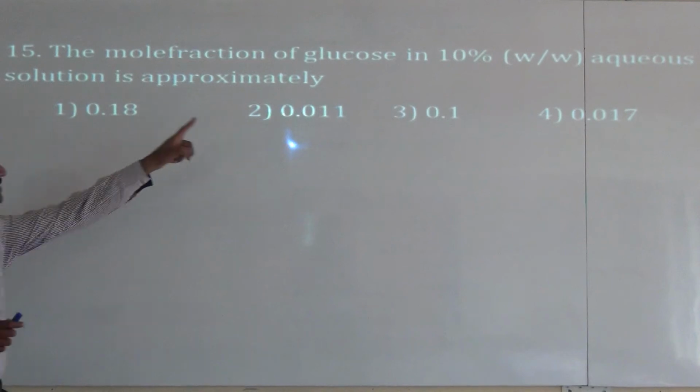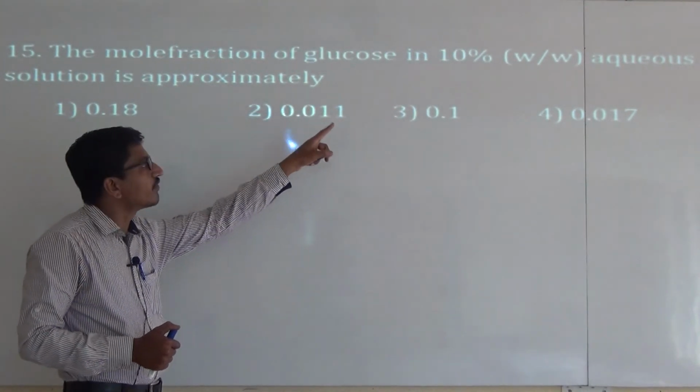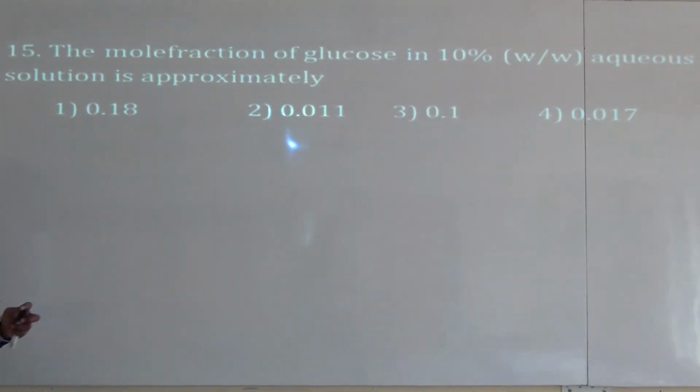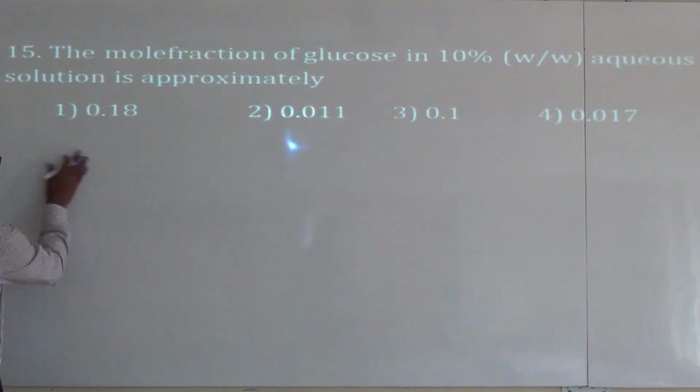The given solute is glucose and solvent is water. Weight by weight means weight of glucose is 10 gram and weight of water is 90 gram.